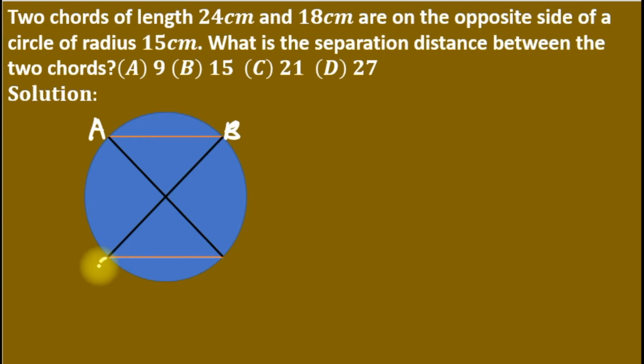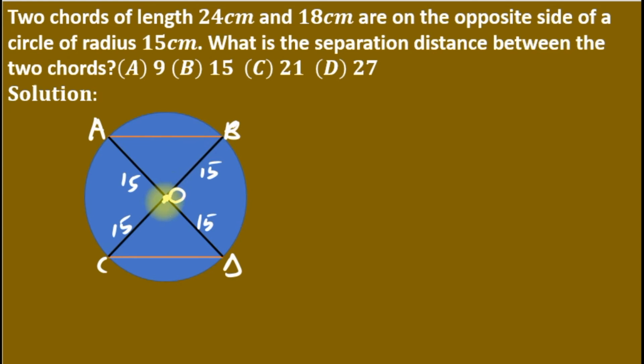And CD. So AB and CD are the chords, on opposite sides. This is the center of the circle. And they told us the radius is 15. So this is 15, this is also 15, 15, 15. They said the two chords are of length 24 and 18.